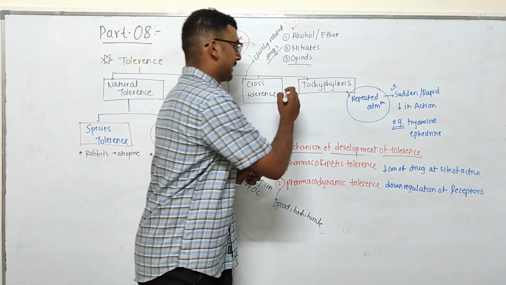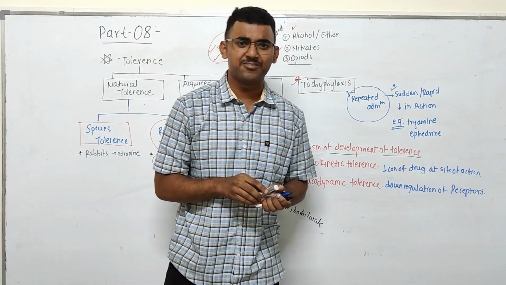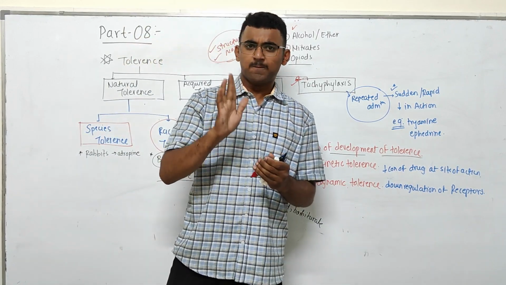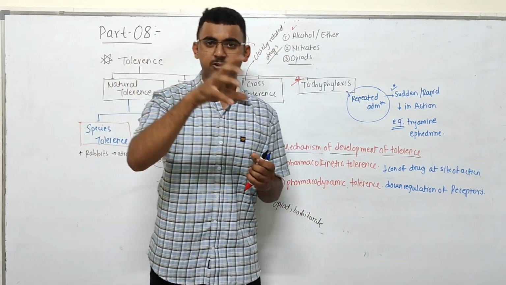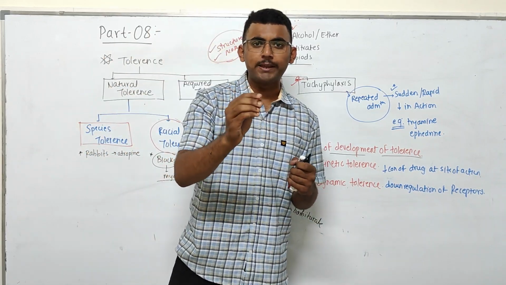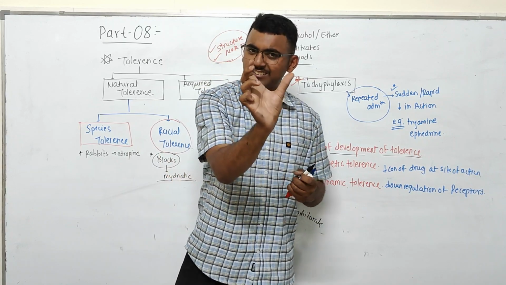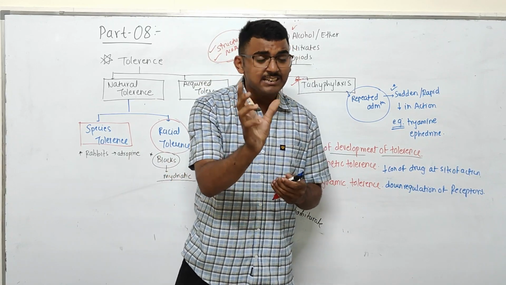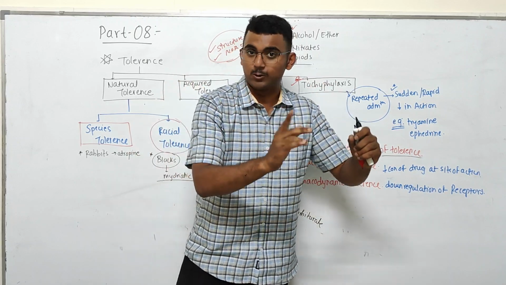Now the next one is tachyphylaxis. You will have already studied tachyphylaxis in pharmacology. What is tachyphylaxis? When you continuously administer the drug to the patient, there is a sudden decrease in the pharmacological action. The key word in this definition is sudden decrease. It's not a continuous, slowly degrading decrease.